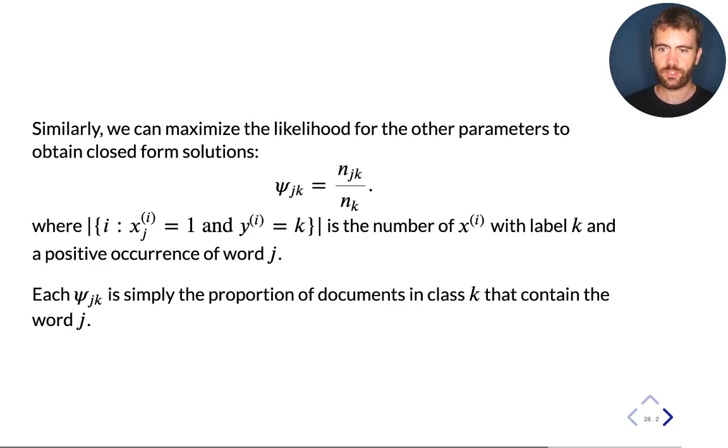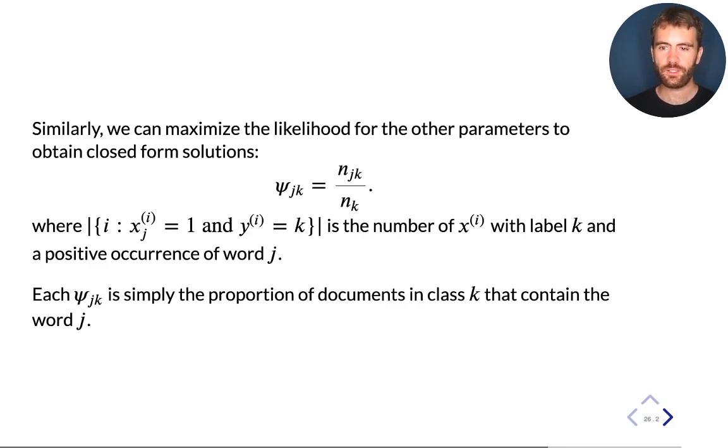You can take the derivative, set the derivative to 0, and solve for psi jk, and you will have the following expression where n sub k is the number of data points that have class k, and the number at the top here is the number of data points that have class k and in which word j occurs.